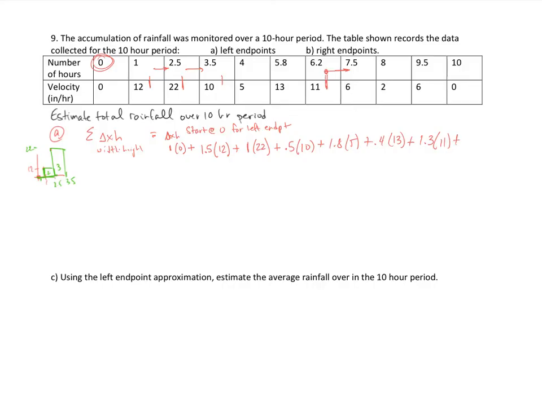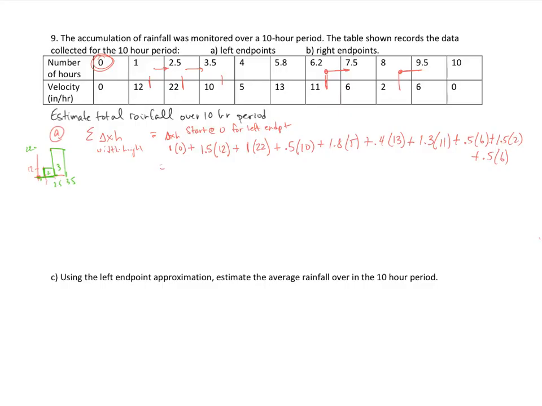Okay, then we've got 0.5 times 6, then 1.5 times 2, again 1.5, left endpoint times this height of 2, and then I can't squeeze it in there, so I will put it right down here. This will be plus 0.5 times 6. So 1.5 times 2 plus 0.5 times 6.